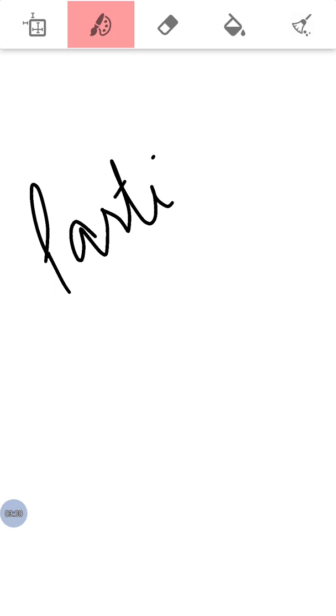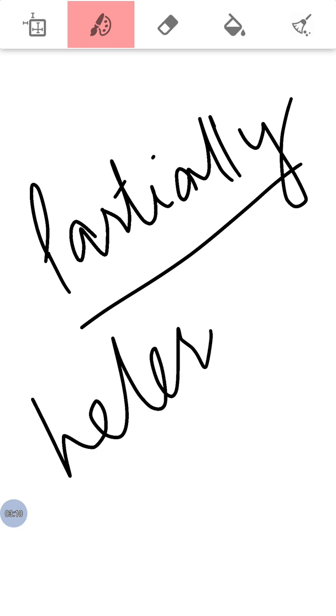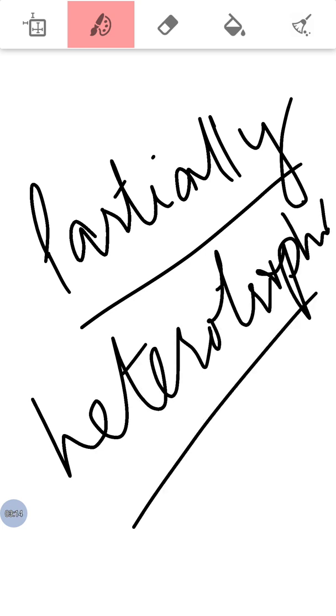Partially means थोड़ा सा, not completely, आधा भी नहीं, आधा या थोड़ा सा, basically partially heterotrophic, because they are neither completely heterotrophic nor completely autotrophic. Means ना ही वो completely autotrophic है, ना ही वो completely heterotrophic है.